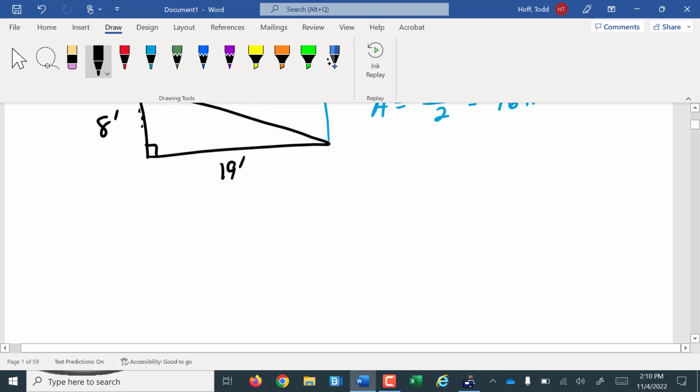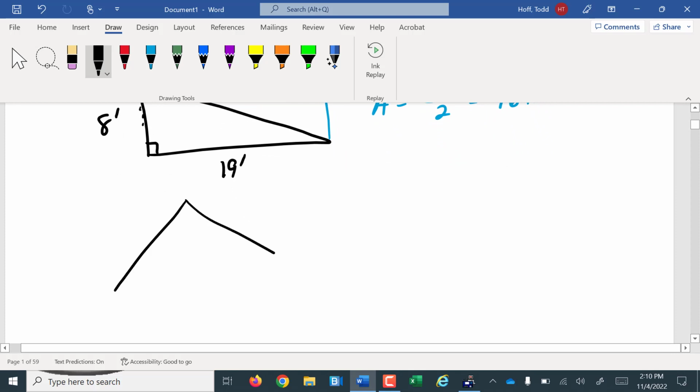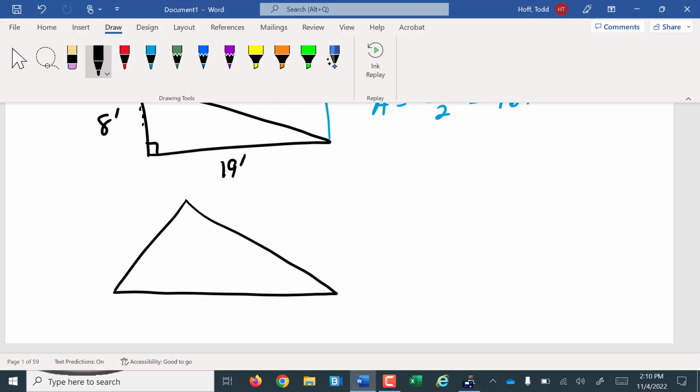We even found triangles that weren't right triangles as long as we knew the dimension of a base. The base is simply one side of the triangle. It doesn't matter which side. We've typically used the bottom as the base, so I'll do that again here.